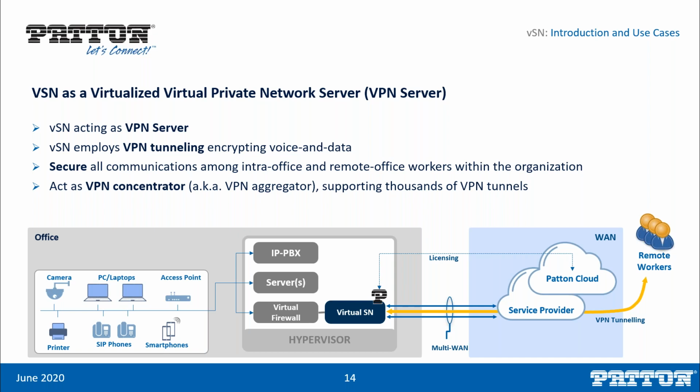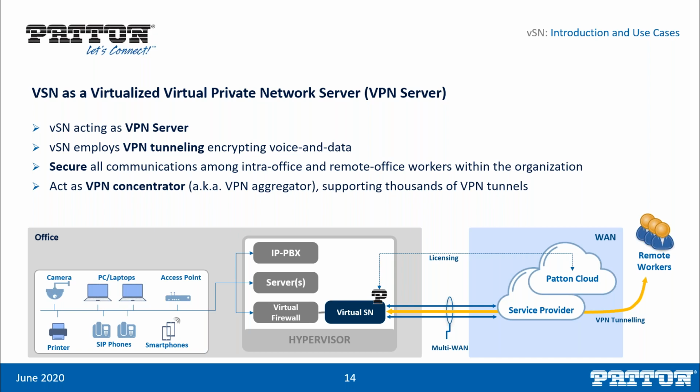This VPN connection is then terminated on the enterprise side on the virtual smart node, which brings the traffic into the enterprise, providing access to, as I said, files, for instance, being stored on the enterprise side.